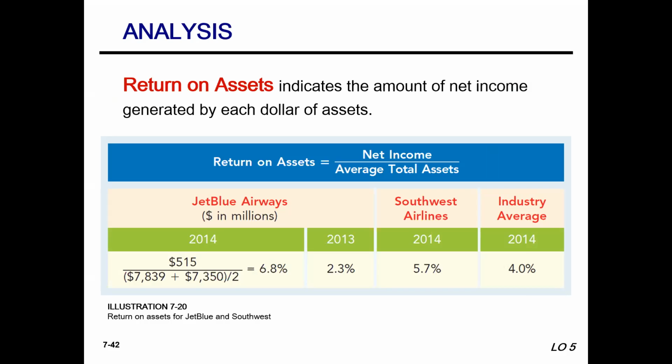So total assets mean current and long-term. And this just gives you an indication of the two airlines here. Averages are 5.7 for Southwest and 6.8 for this same year for JetBlue. So they're around the same at 1% difference almost. But of course, JetBlue Airways is doing a little bit better in generating revenue with their assets.